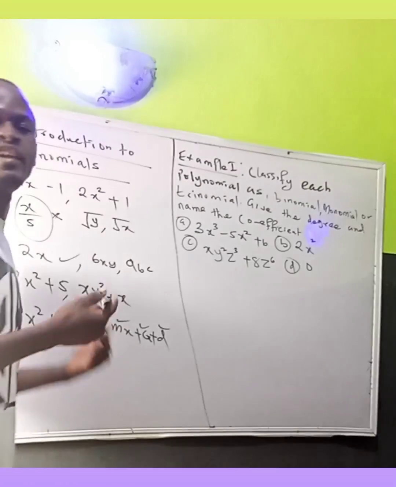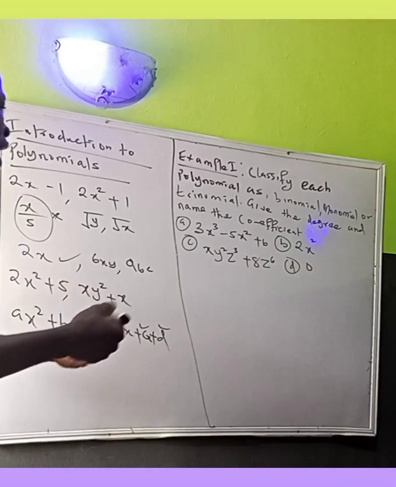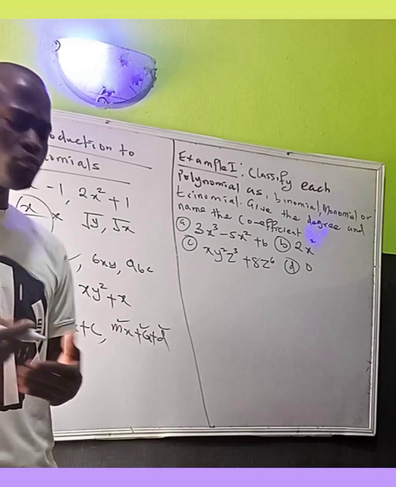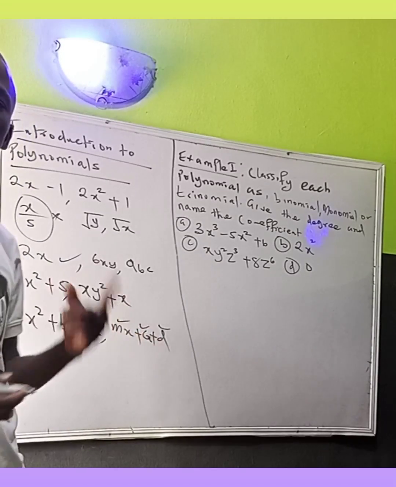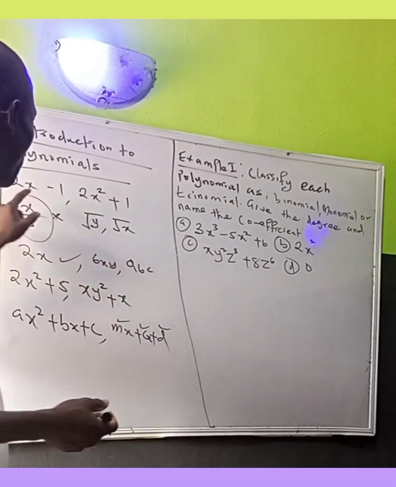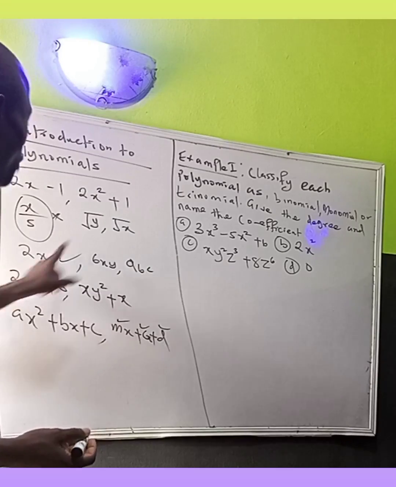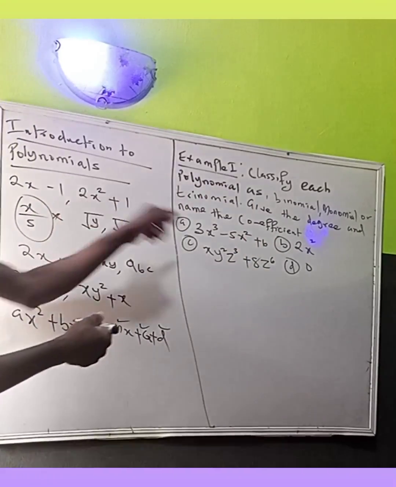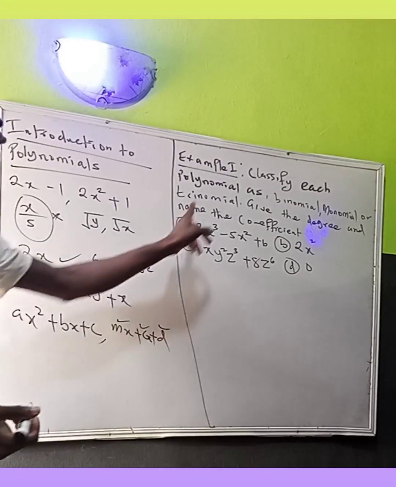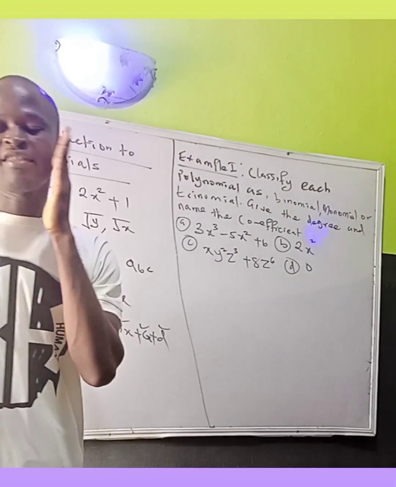But there is no unique name given to a polynomial that has more than three terms. So a unique name is only associated with a polynomial with one term, which is a monomial, a polynomial with two terms, which is a binomial, and a polynomial with three terms, which is called a trinomial. These are the things you need to know.